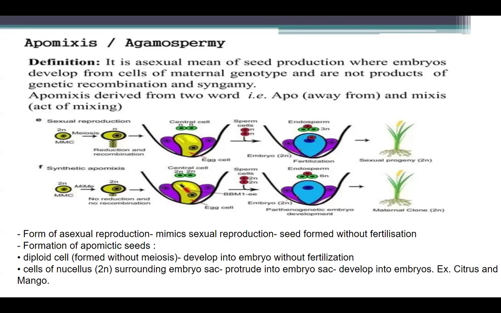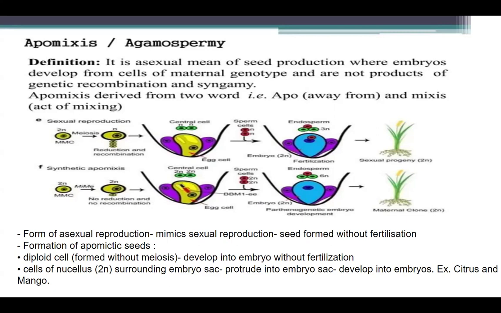There is no reduction and no recombination. So there's a 2n. There is one mitotic division, and then a formation of egg cell, and no fertilization occurs. Hence I'm getting a maternal clone, just a clone of the mother. So there's no recombination in apomixis.